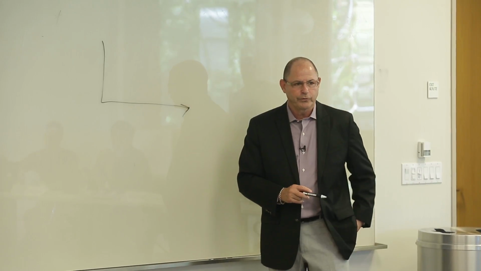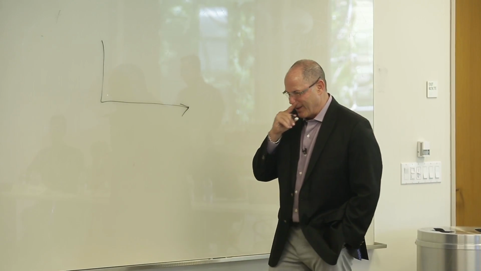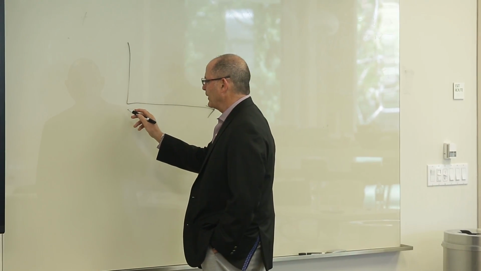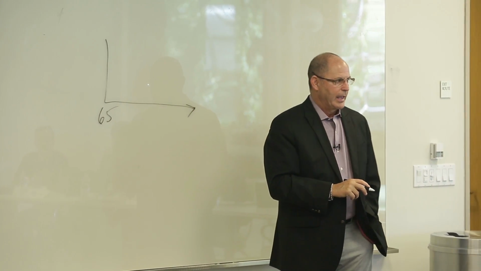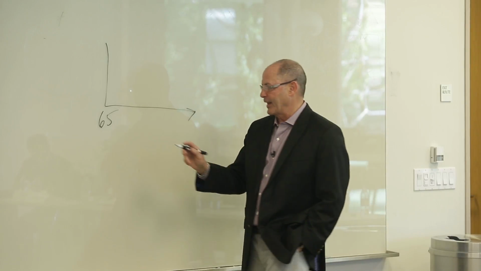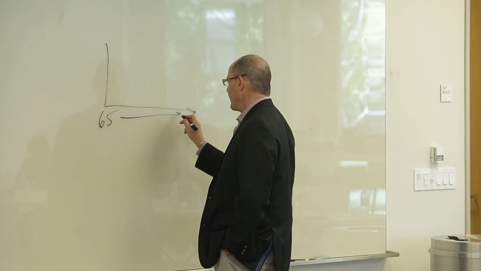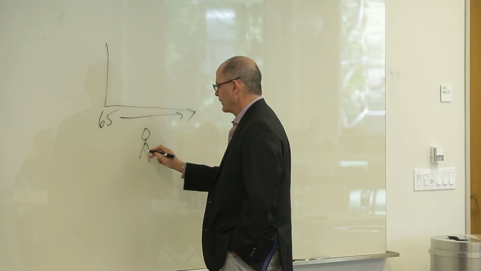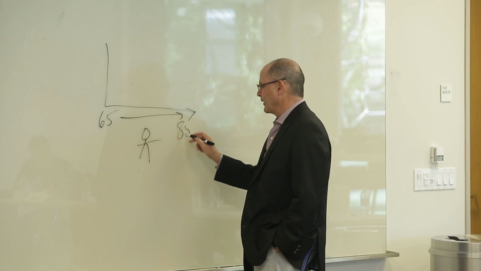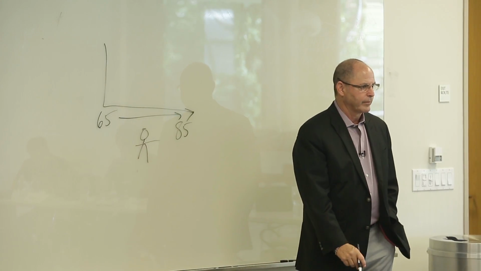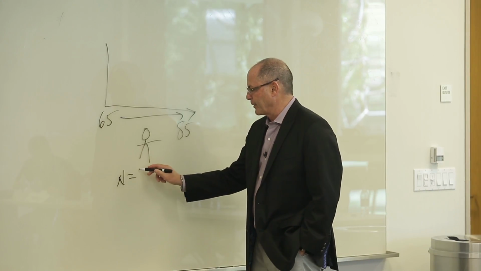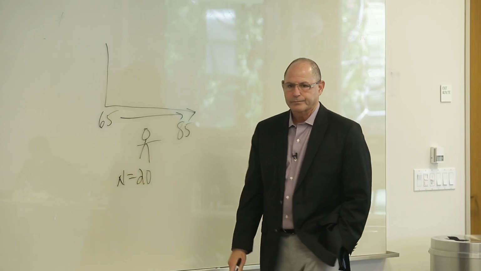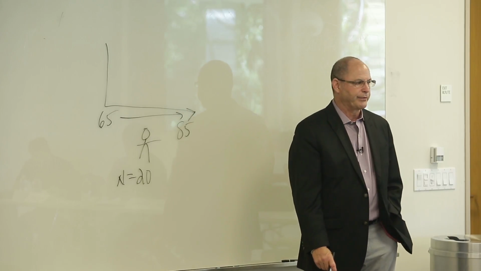Let's suppose that I was 65 years old and I had a pension plan that was going to pay me a benefit for 20 years. So N, number of years, equals 20. Everybody with me so far?